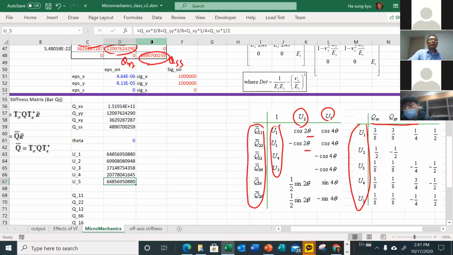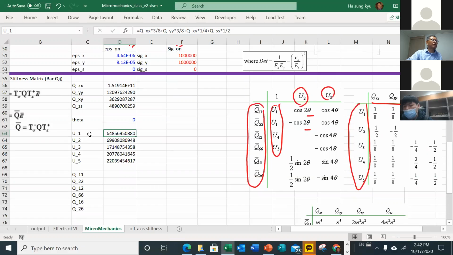And U5 will be similar to U3. I will just copy this one. And then there will be a plus.